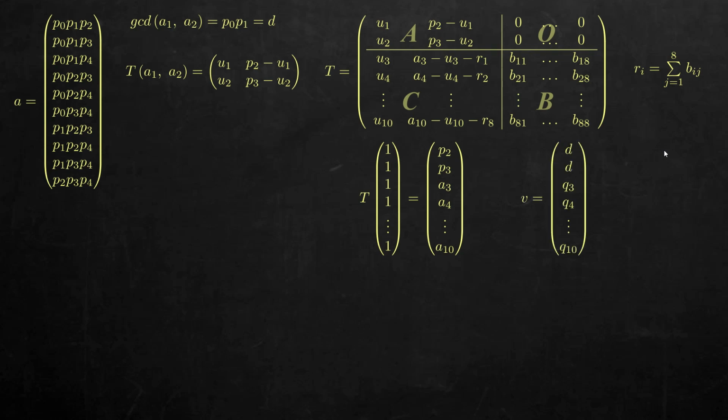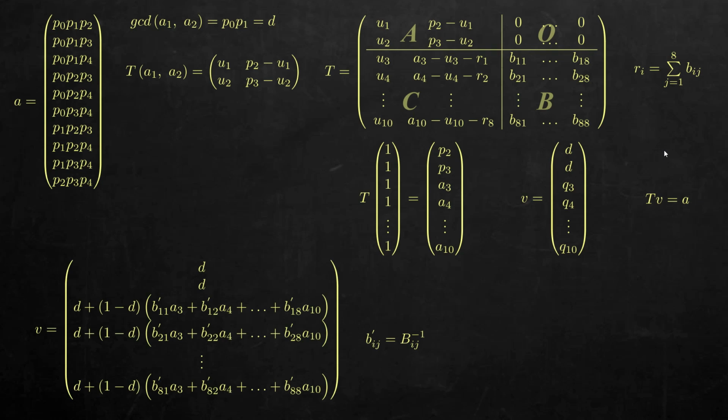So we define an intermediate vector V, which the transformation T will map to the vector A. The elements of V are related to D, and the inverse of the unimodular matrix B, as we can see here.